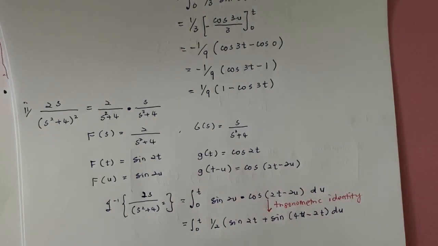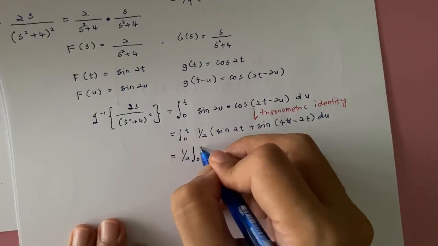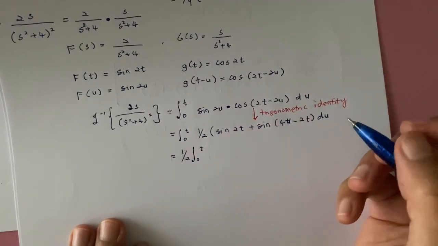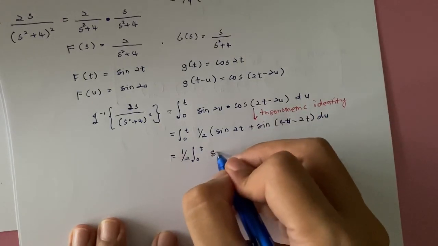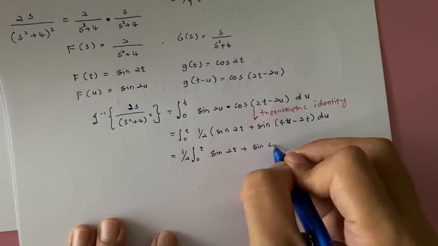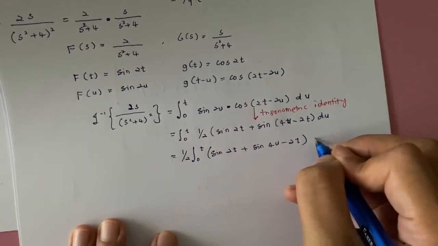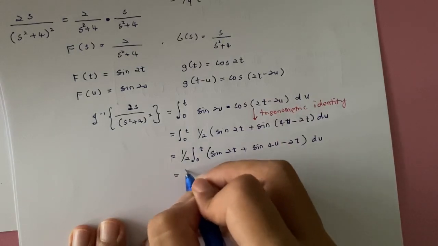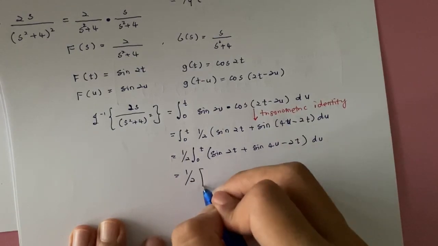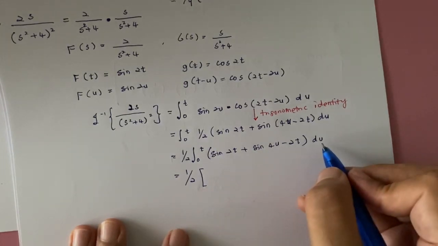So you have 1 over 2, the integral from 0 to t of sine 2t plus sine of 4u minus 2t, du. Okay, do the integration with respect to u.